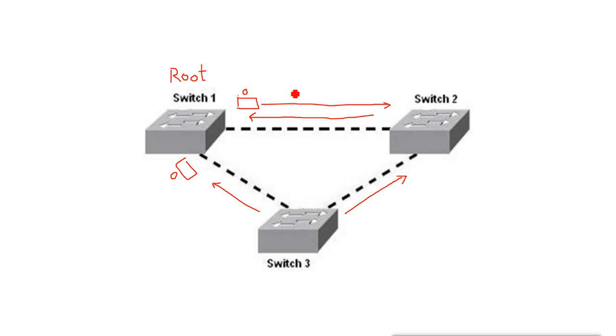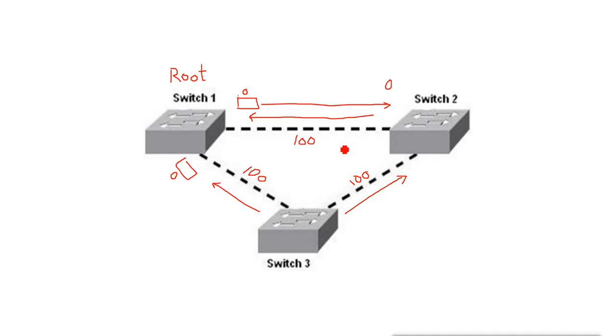Suppose we consider this link is 100 Mbps, that means fast Ethernet. This one is 100 Mbps, and this one is also 100 Mbps, and this one is also 100 Mbps.